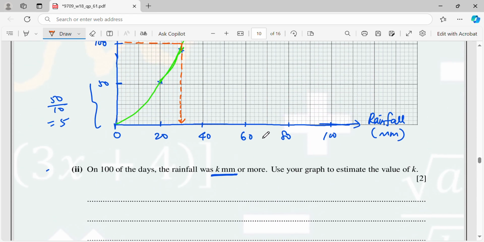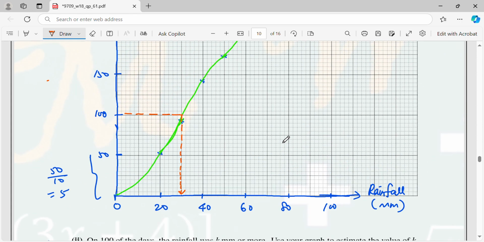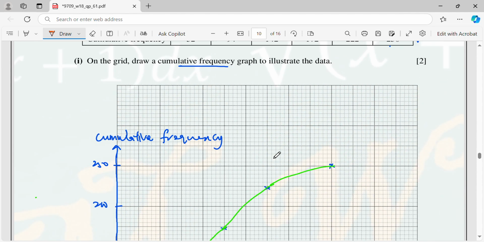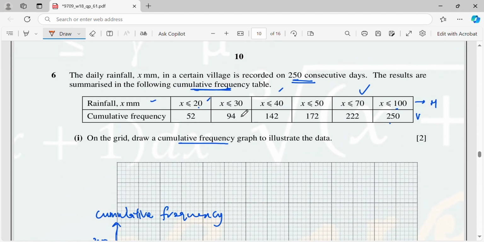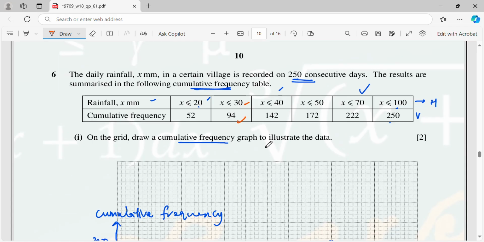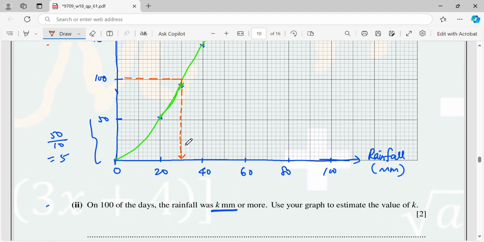On 100 of the days, the rainfall was K mm or more. Let me check the graph first. 94, okay, now 94, 30.